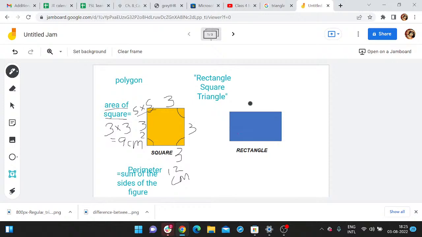Since this is the larger one, maybe I'm going to take this as 5. I'm going to take this as well as 5. The units are centimeters everywhere.